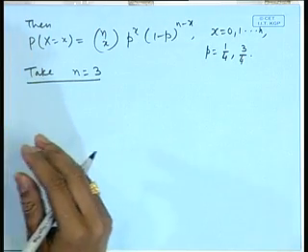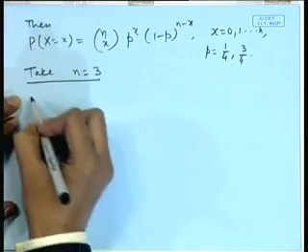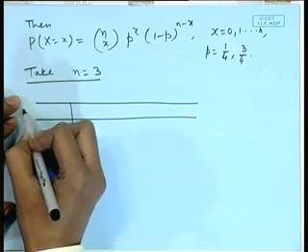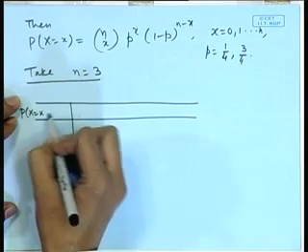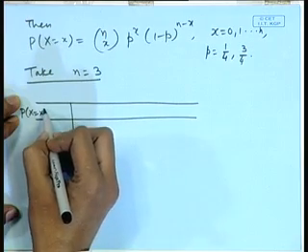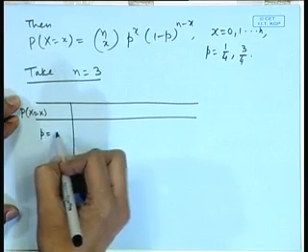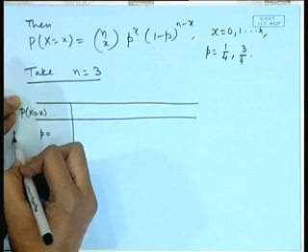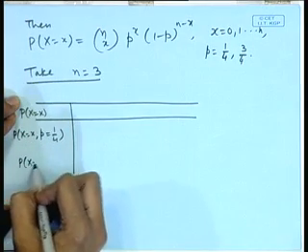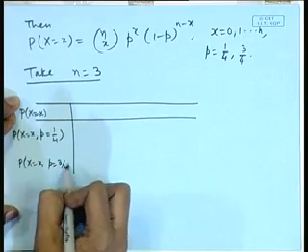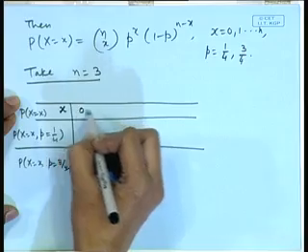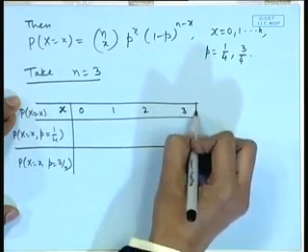On this side I will write down the probability of x equal to x, and on this side I will consider the values of p: what is the probability of x equal to x when p is equal to 1 by 4, and what is the probability when p is equal to 3 by 4. And on this side let us take the various values of x. x can take values 0, 1, 2 and 3.